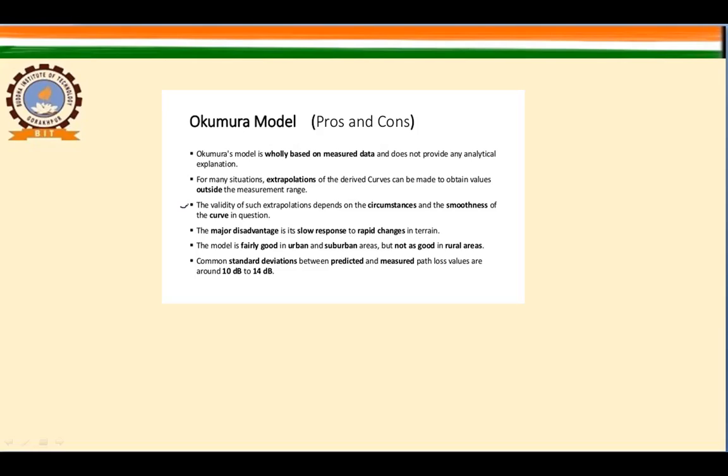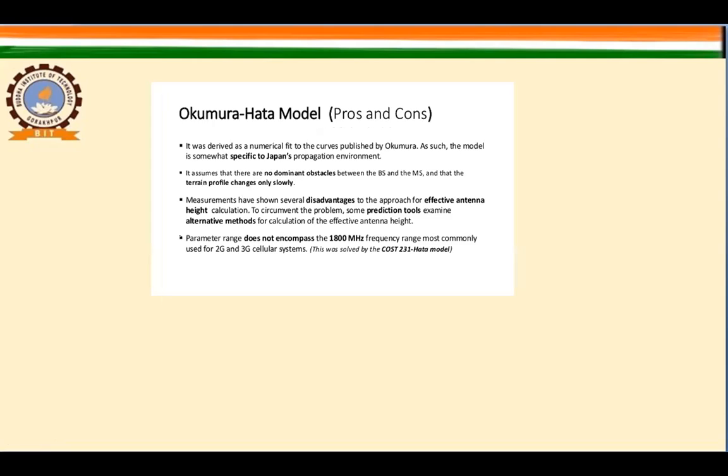The model is fairly good in urban and suburban areas, but not as good in rural areas. The common standard deviation between the predicted and measured path loss values is around 10 dB to 40 dB.